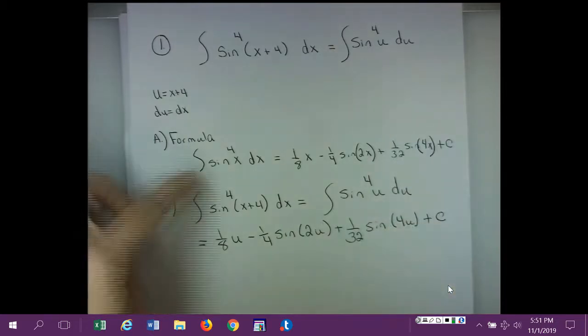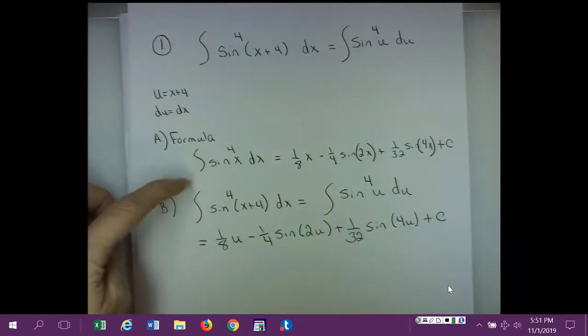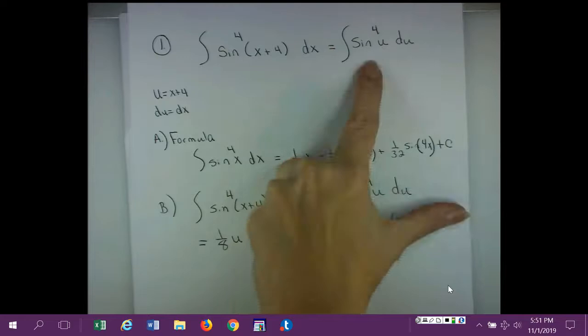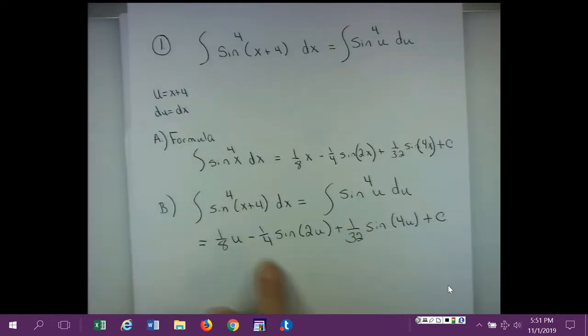Hope you see that even though the formula is in terms of x, because we changed our problem to have variable u, and we have to do that, when we do give our blue box special, it has to be in terms of variable u. So 1/8 u minus 1/4 sine of 2u plus 1/32 sine of 4 times u.